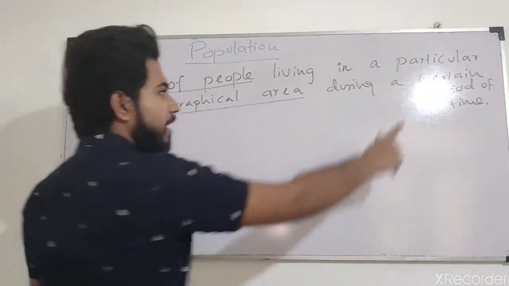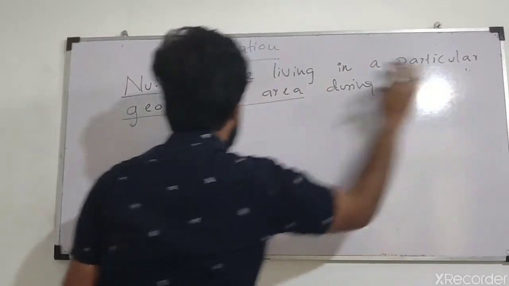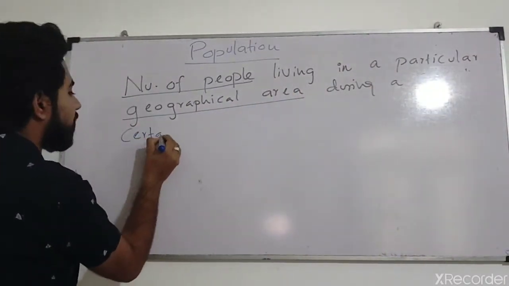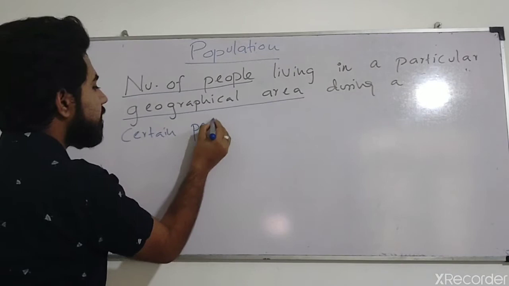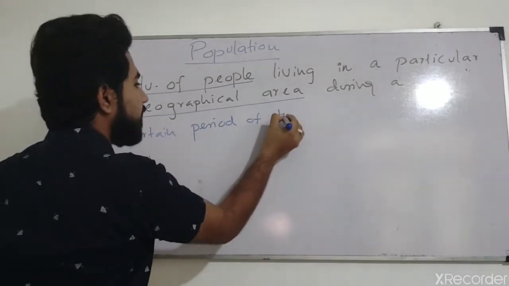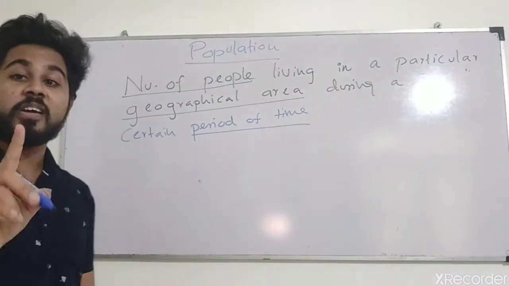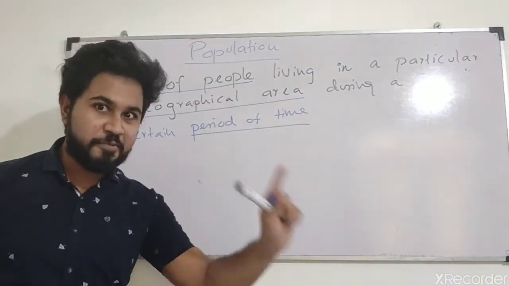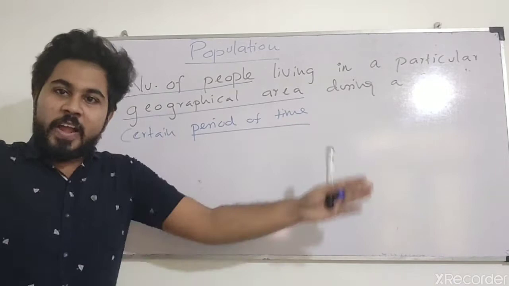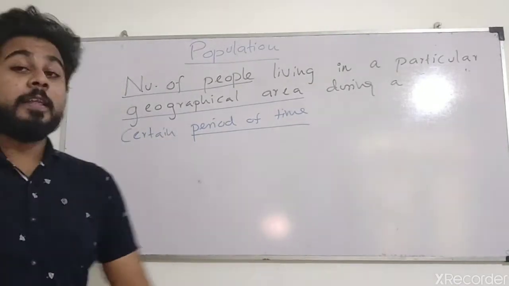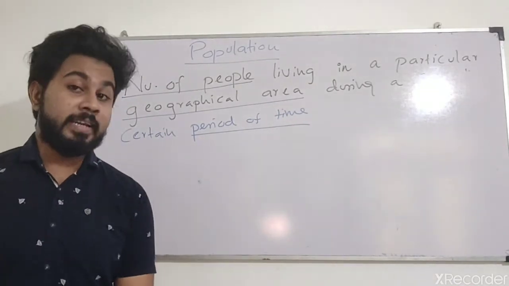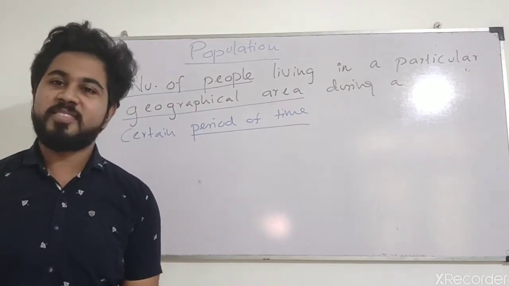And the other one, a certain period of time. That means we are focusing on a specific period of time. So, the number of people living in a particular geographical area during a certain period of time is defined as the population.